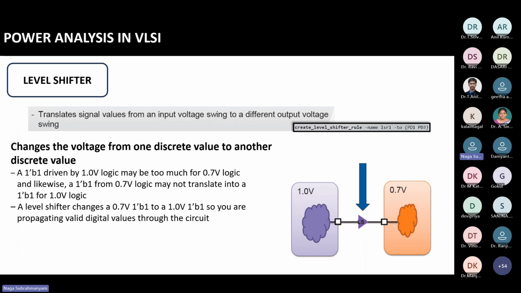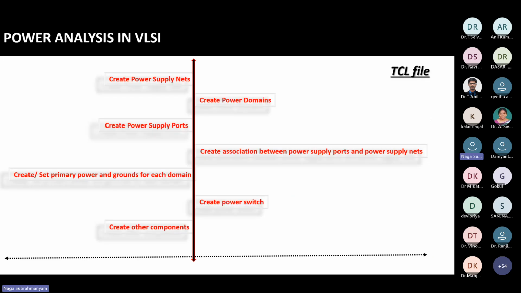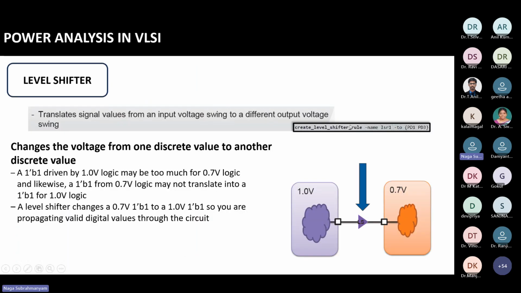Can anybody guess what PD1 and PD3 are? Those are two power domains. For those two power domains, we wrote the UPF: create power domain rule, minus name PD1. In that PD1, how many devices are there? All those things we have to write there.